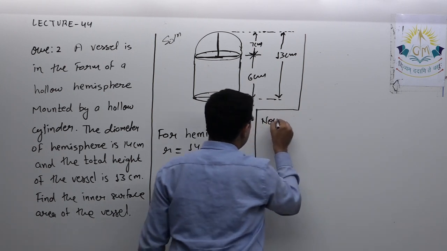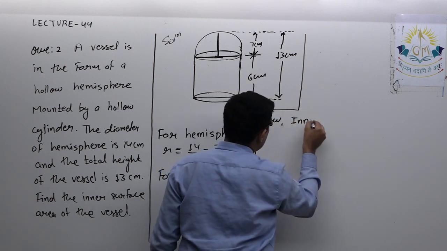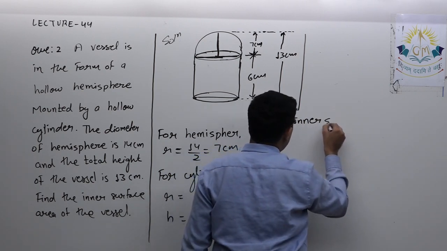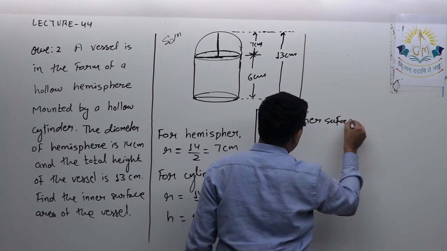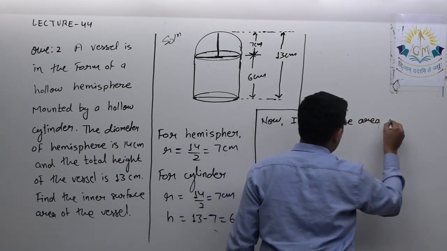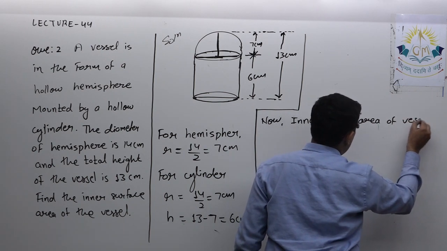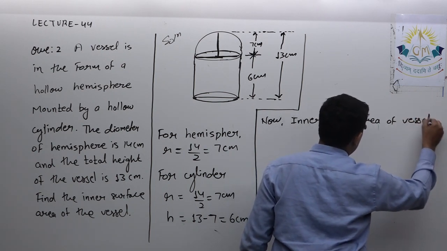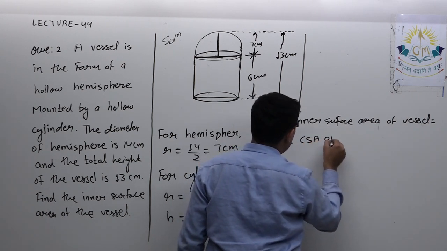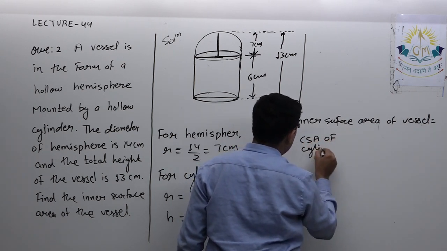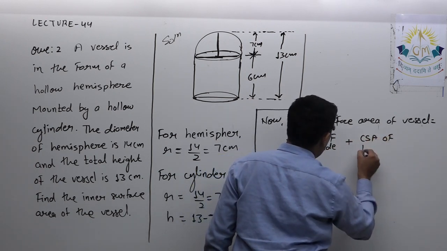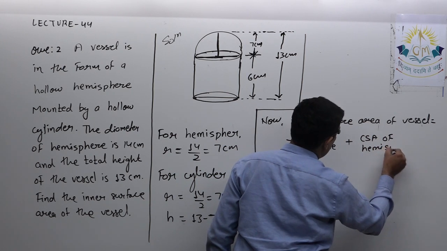Now the inner surface area of the vessel is equal to the CSA of the cylinder plus the CSA of the hemisphere, isn't it?